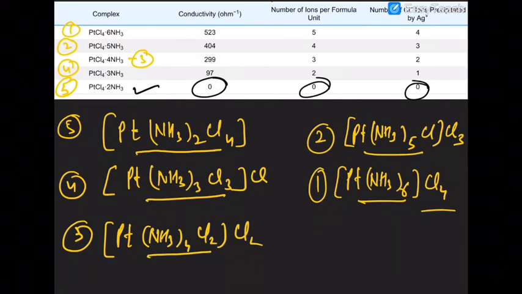In the third case you are getting 3. So the chloride ions outside the coordination sphere are ionizable, and those inside the coordination sphere are non-ionizable. So the coordination number remains the same in all the cases, but the ionizable valencies outside the coordination sphere keep on changing.